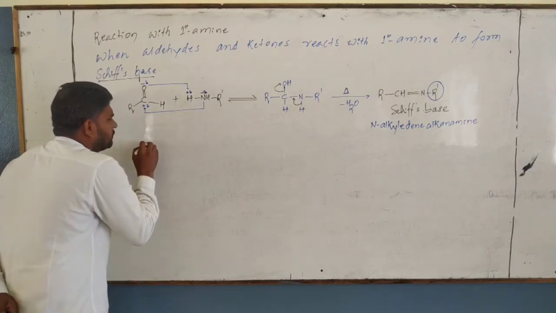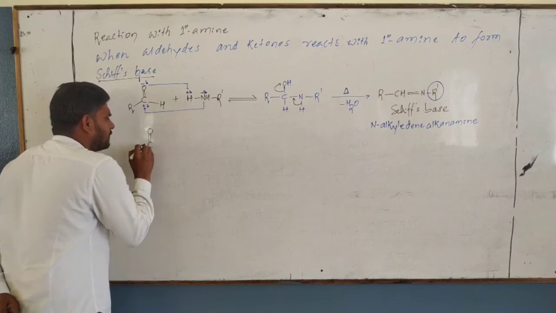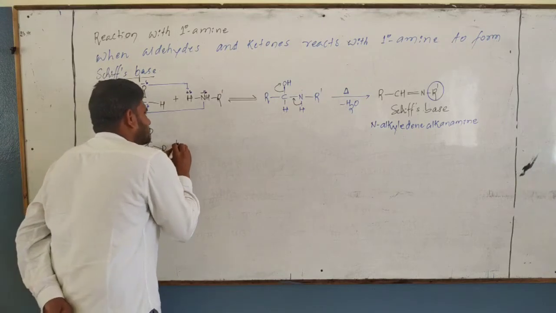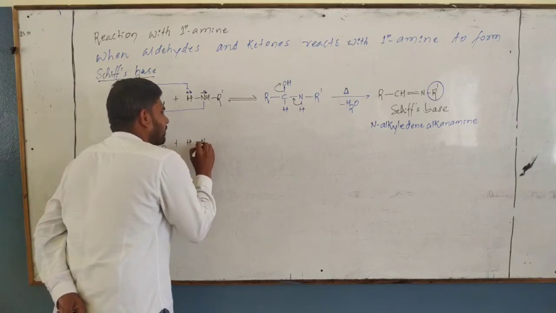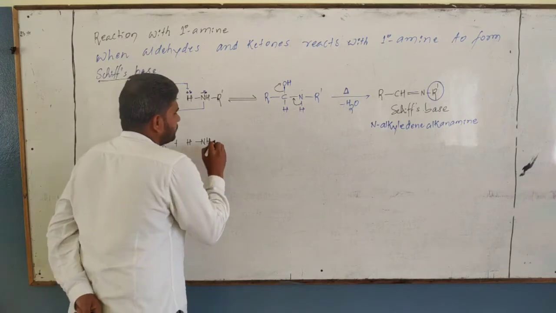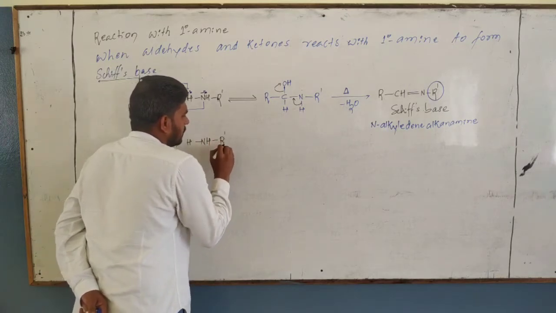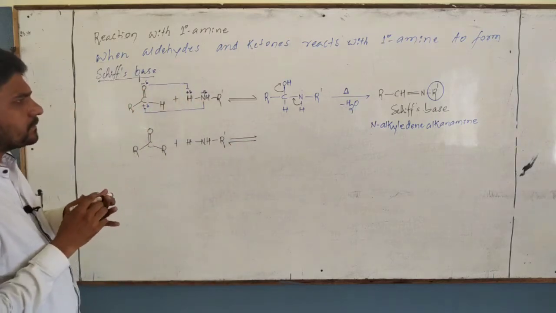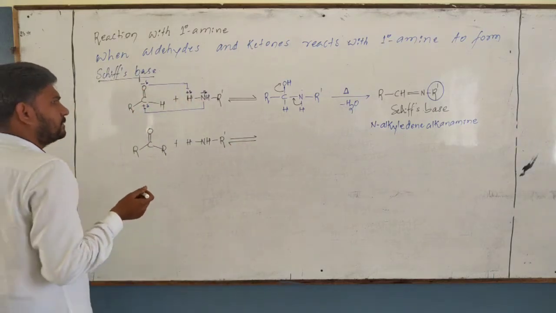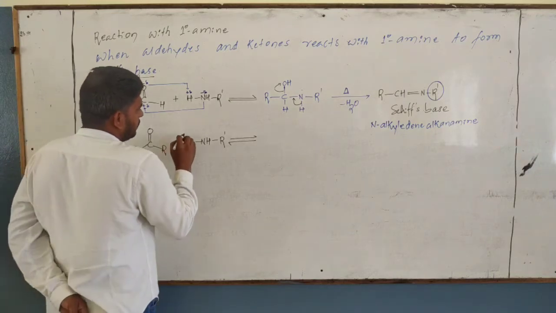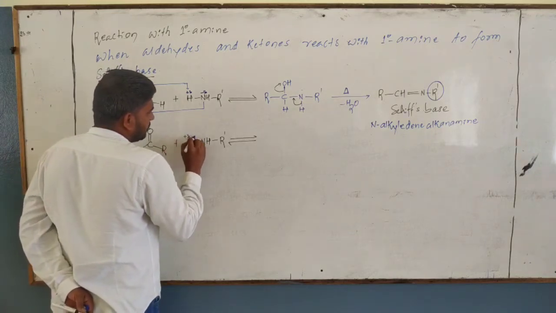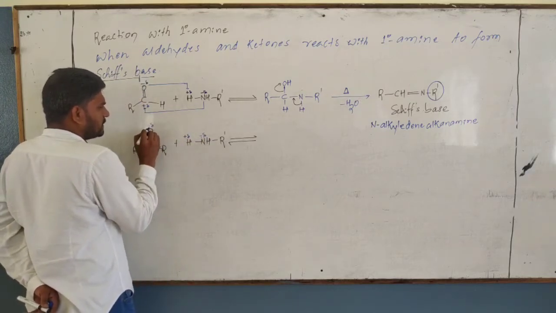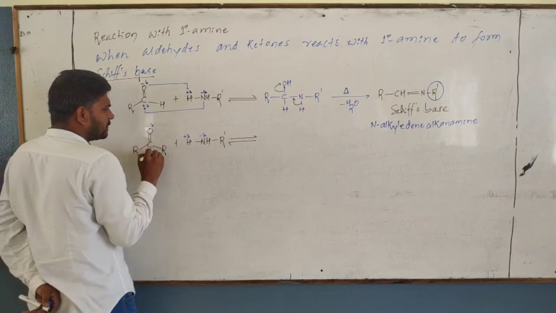Now you write down the same reaction with ketone, plus NH2R prime. Over here, this is plus and this one is minus. Nitrogen being more electronegative, oxygen highly electronegative, carbon carries positive charge.